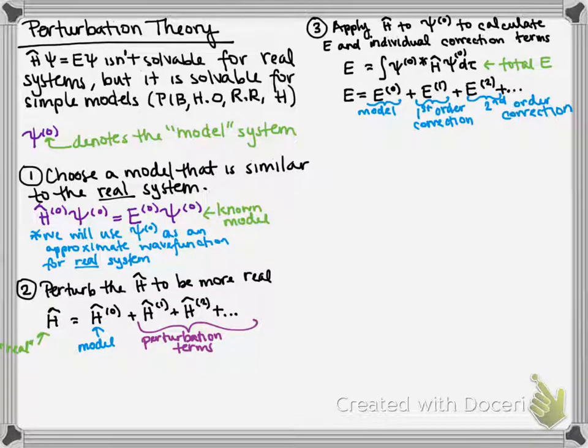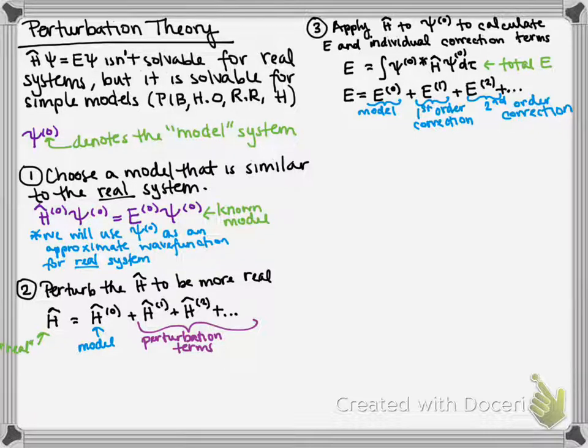So we can also say that E, due to the nature of how we've expressed our Hamiltonian, is E0 plus E1 plus E2 plus E3, where each of those E's corresponds to the Hamiltonian term. So E0 is our model energy result. E1 is our first order correction.